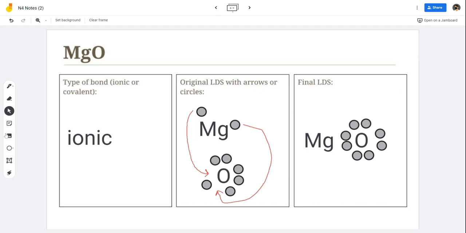And so then we have to write down what charges they have. And so the oxygen got 2 extra negative charges, so it has a charge of -2. And then magnesium lost 2 negative charges, and so for every electron it loses, it gains a positive charge. And so we got this positive and this negative, and they are attracted together to make this bond.